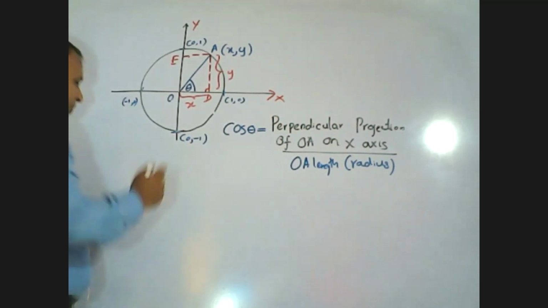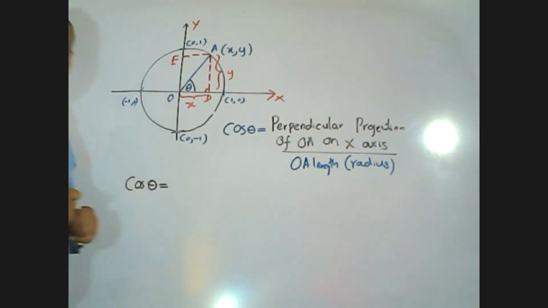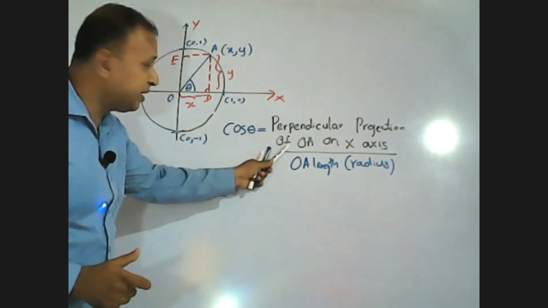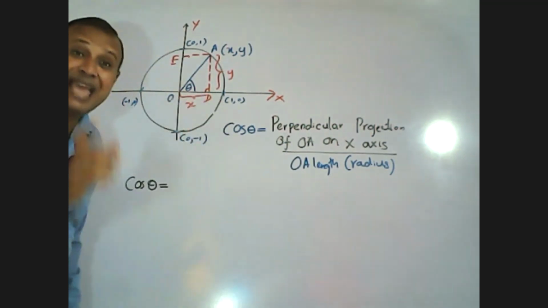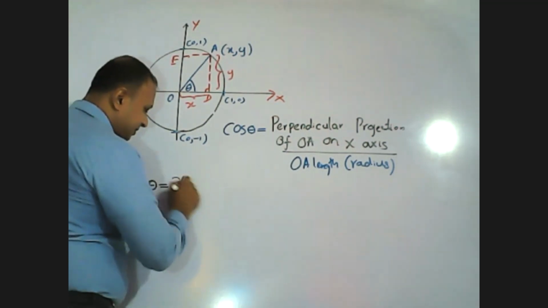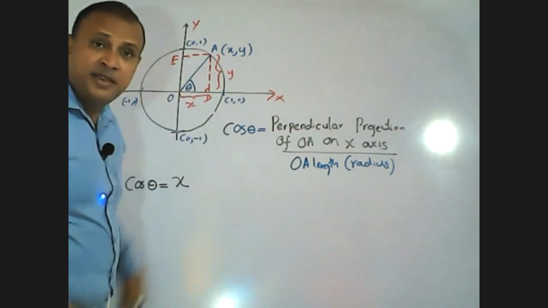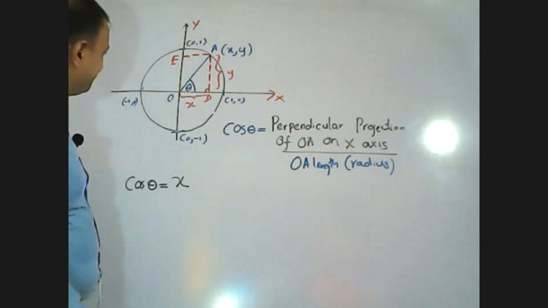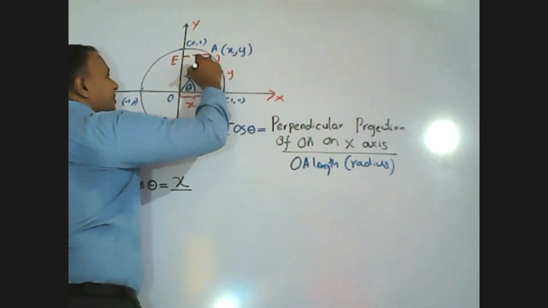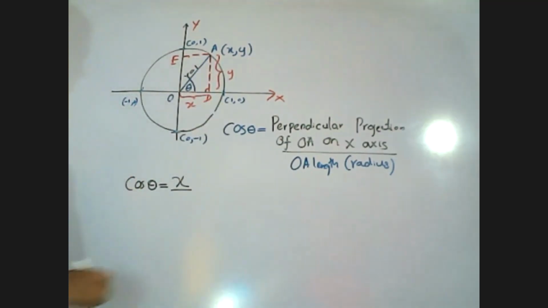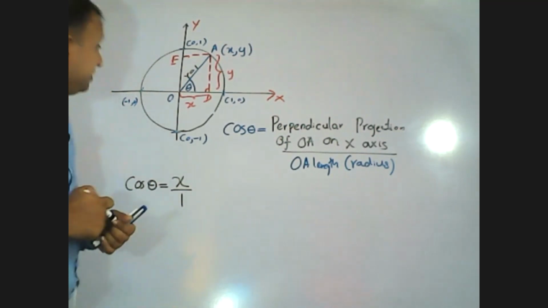Then cos theta is equal to the perpendicular projection of OA on the x-axis, which means this length, OD length, that means x. In another term, it is the adjacent side over OA length. OA length is 1, because this is a unit circle.